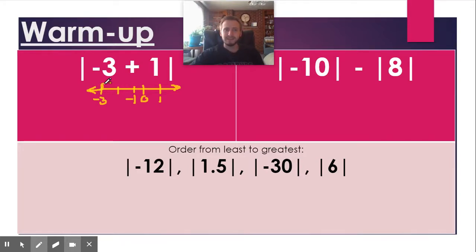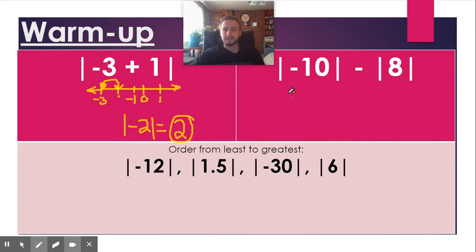If it's -3 and I'm adding 1, that means I'm moving 1 space to the right. Well, what am I at? I'm at -2. So if my answer is -2, what's the absolute value of -2? How far is -2 from 0? 2 spaces. So that's your answer.